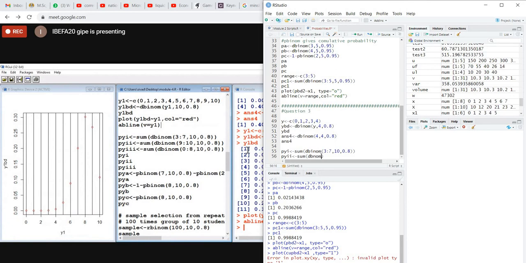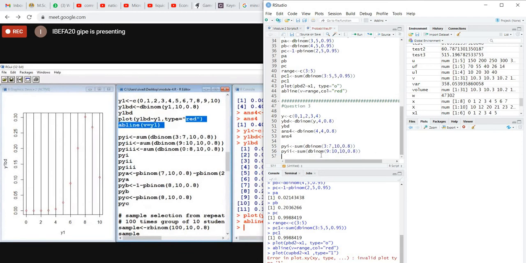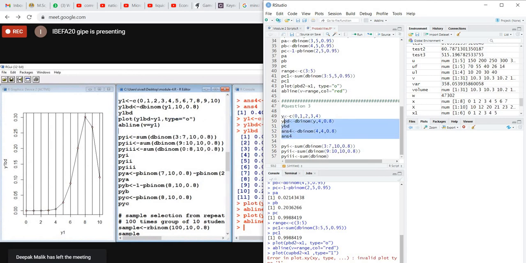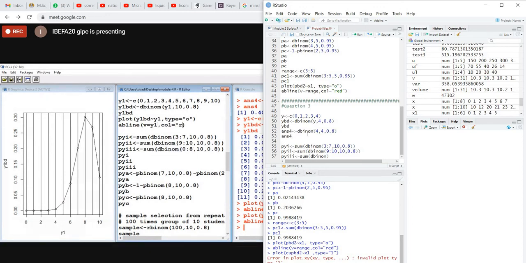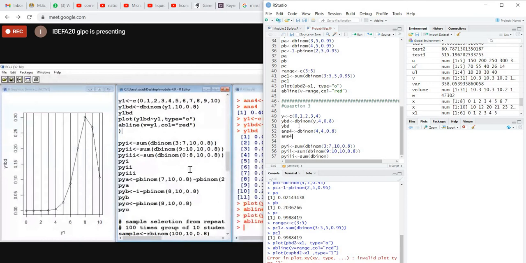Suppose I want to draw the line, I type in quotation, see the graph, a better graph. Show the vertical lines with color. I will get a beautiful graph to identify the probabilities.